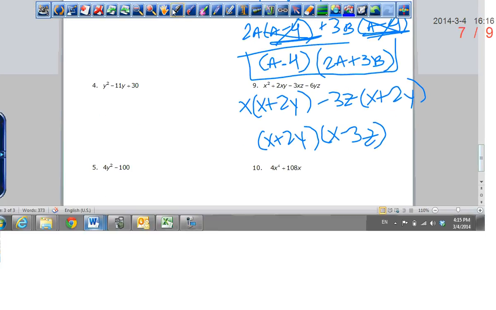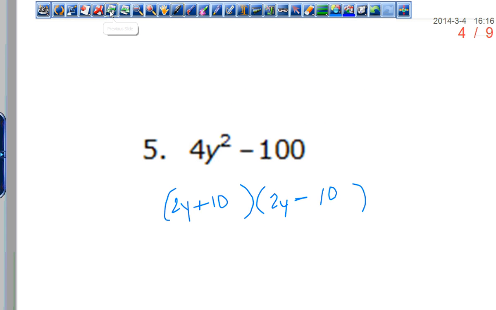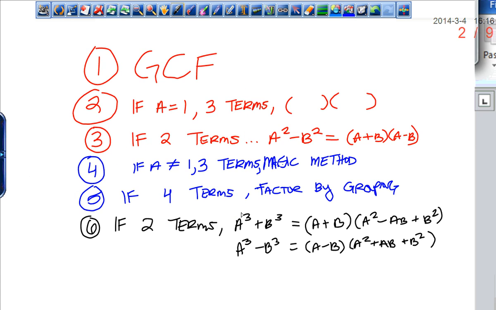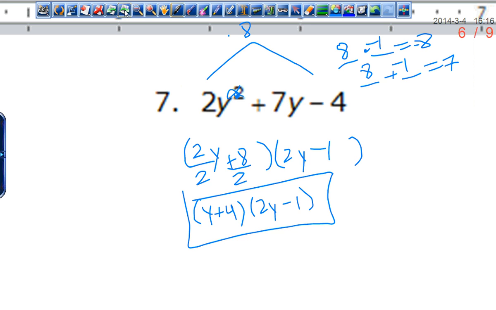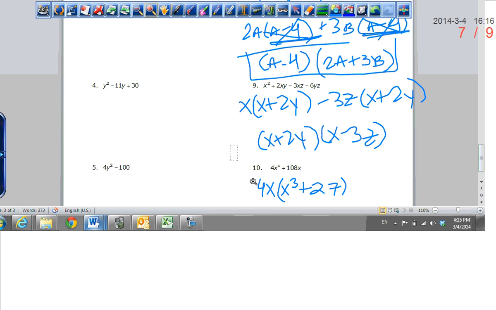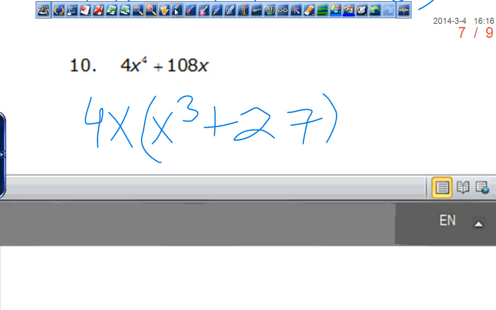Do GCF first. Probably can take out a 4 and an x, and I'm left with x cubed plus 27. Oh, I've got a cubed. Weird. Cubed means the sum or difference of cubes. So if two terms, but we have a cubed, we follow this formula. We're going to put our 4x on the outside.